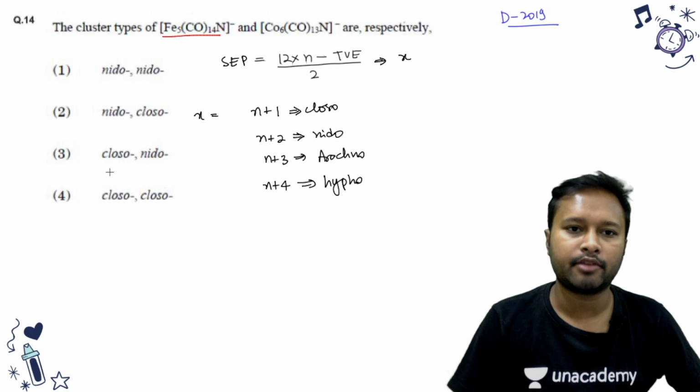So the first one is Fe5(CO)14N minus. Let's first find the total valence electrons.